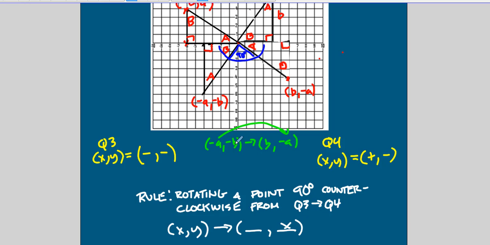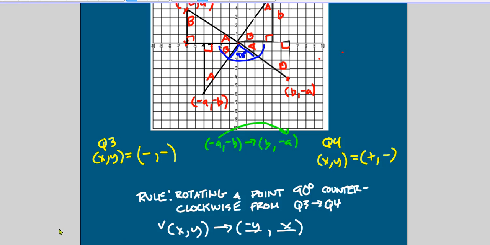And y, you take the opposite of it, from negative B to B here, so we go from y to negative y. And again, if you remember back, this is the exact same thing we did when we went from quadrant 1 to quadrant 2, from quadrant 2 to quadrant 3. So it's a consistent operation. To go 90 degrees counterclockwise, we swap the coordinates and we take the negative of the new x coordinate.